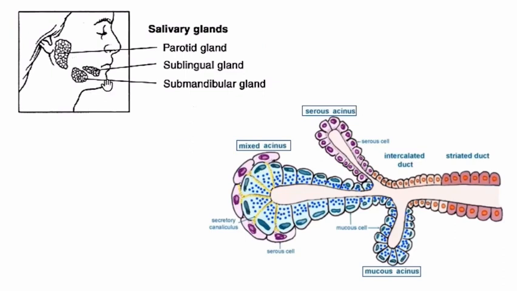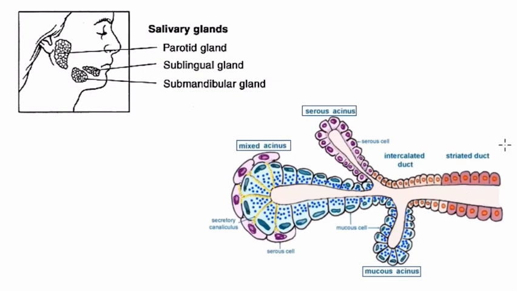The saliva is produced by three major glands and the minor glands that are found throughout the oral cavity. It is a complex liquid that has digestive, lubricating and protective functions.